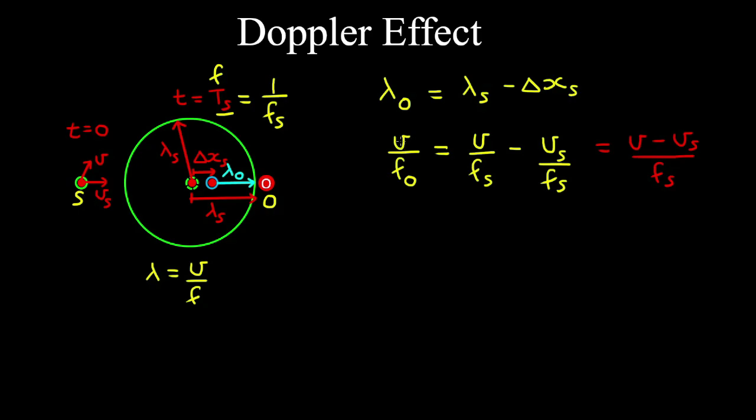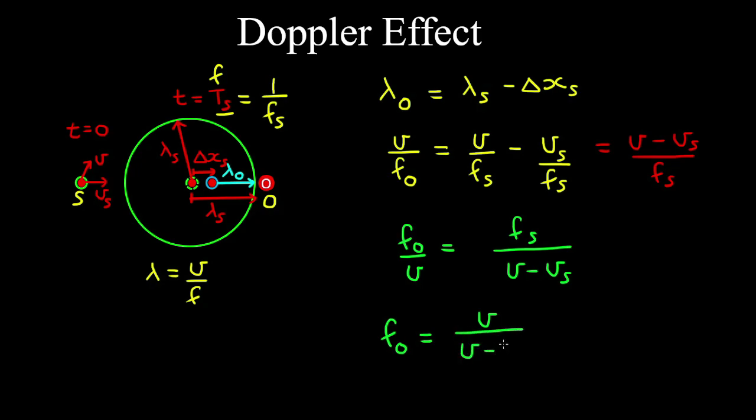Now if we take the reciprocal of both sides, we have fO on v is fs on v minus vs. And multiplying through by the speed of sound, we get the frequency heard by the observer as the speed of sound on the speed of sound minus the speed of the source by the frequency of the source.